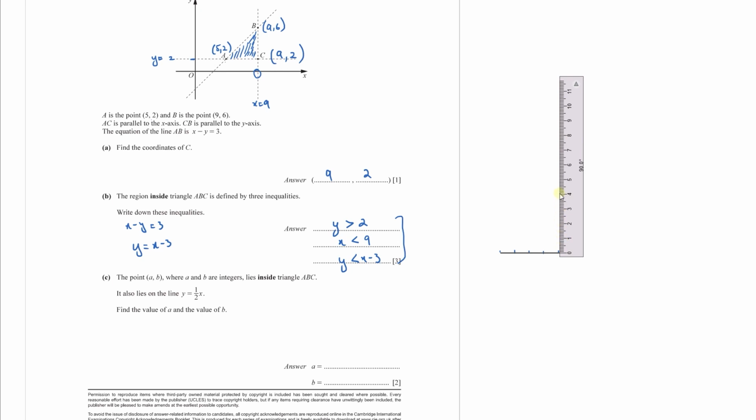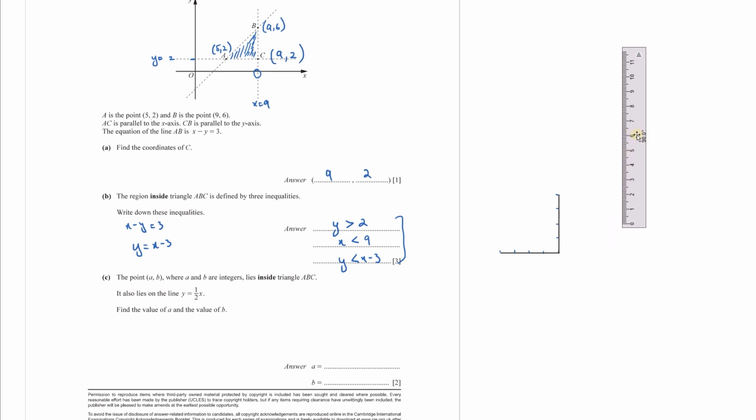So let me draw this from this side, and quickly mark the points here as well. So this is my 5, 6, 7, 8, 9, and this is 2 on the y-axis, 3, 4, 5, 6.